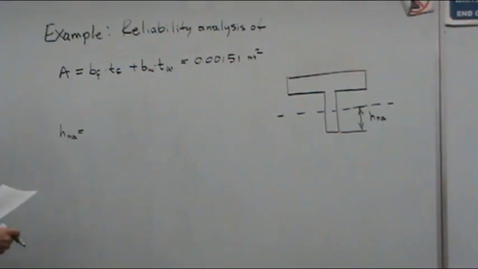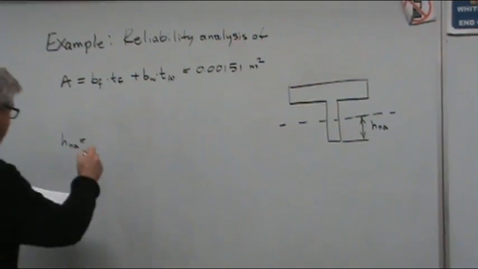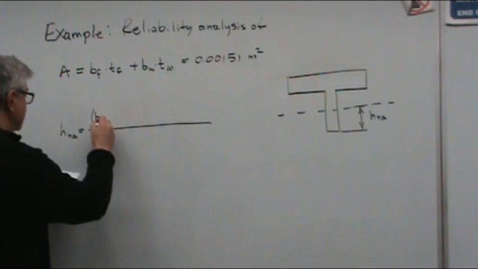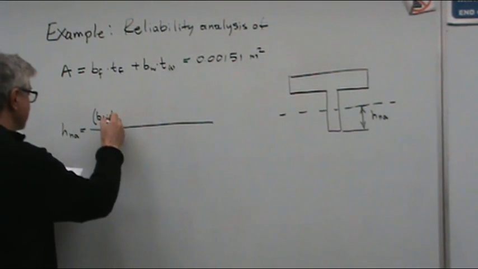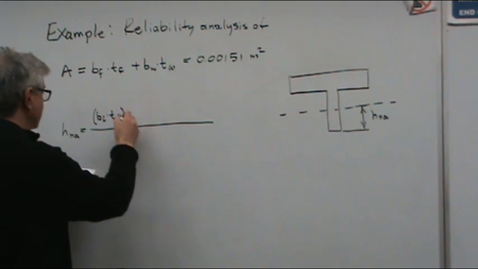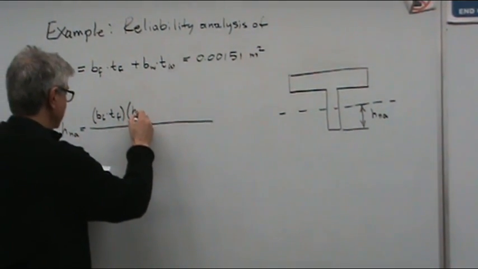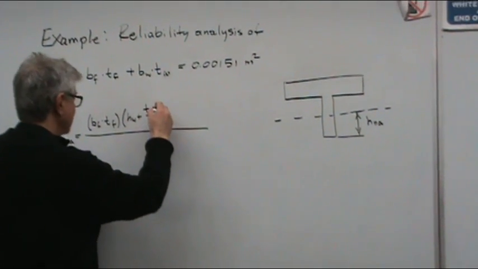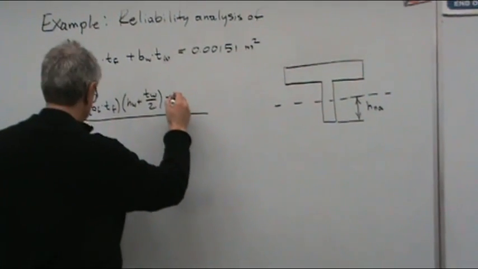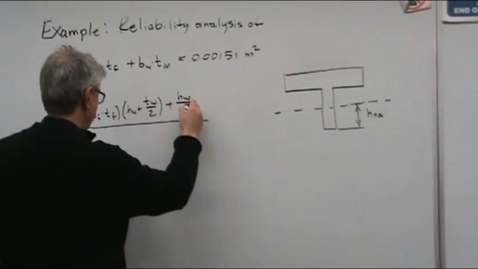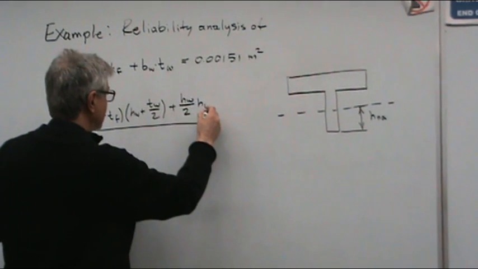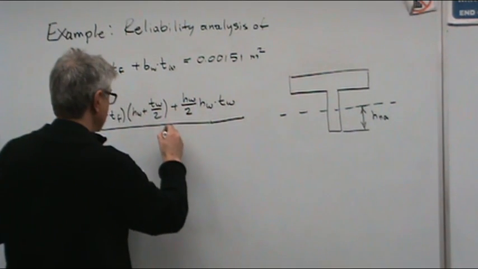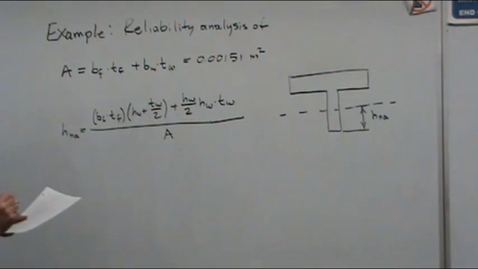The height of the neutral axis is the width of the flange times the thickness times, divided by the area that we calculated.